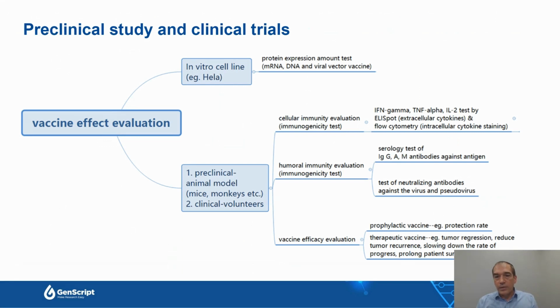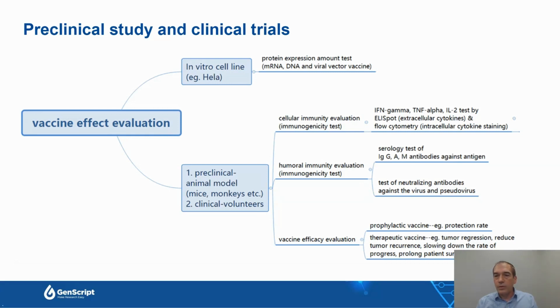So for preclinical studies, usually vaccine effectiveness needs to be evaluated, sometimes in vitro, looking at protein expression levels to determine how well the molecule is expressed. If it's mRNA, for example, or DNA vaccines, then usually immunity needs to be determined based on animal models, mouse models, monkey models, and so on.